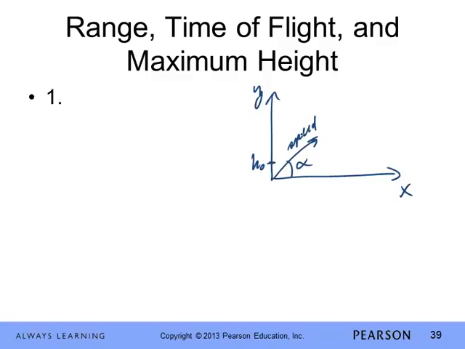So let's go through there without spending a whole lot of time on any one thing and establish some equations to help us deal with projectile motion problems. So we start off again with acceleration being given by 0, negative g.